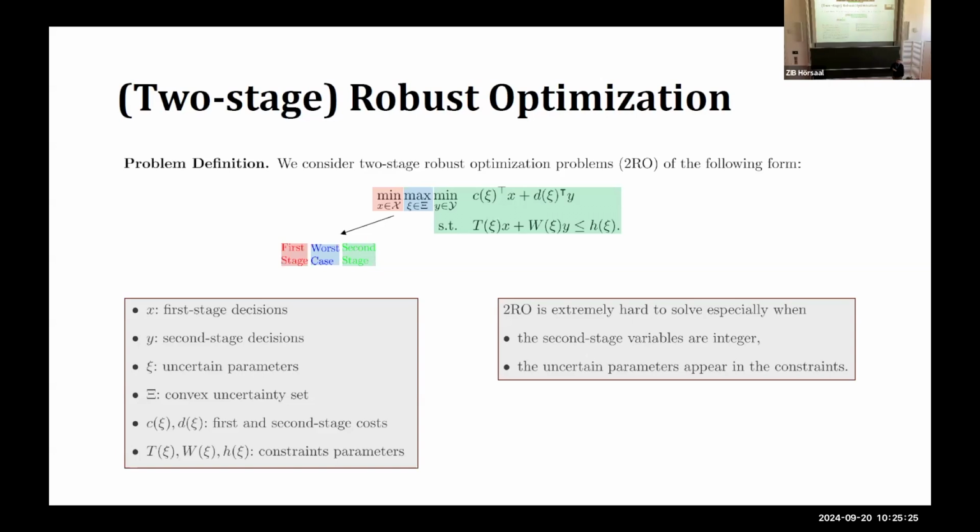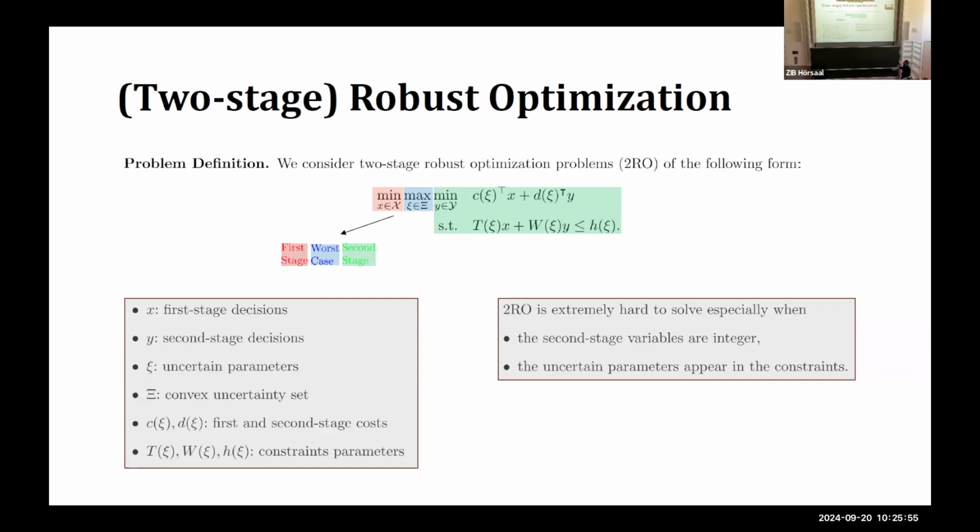You can do this after the uncertainty is known. That's why the minimum here comes after the maximum. So for every Xi, for every demand realization, you can choose the best allocation of the customers. You have an objective function and constraints. In your constraints, the X can appear, and of course the Xi, the uncertainty, appears. Okay, I hope it's clear what we're doing here.